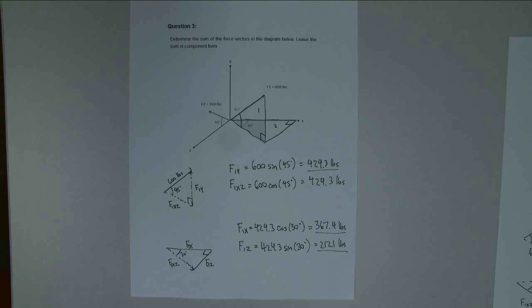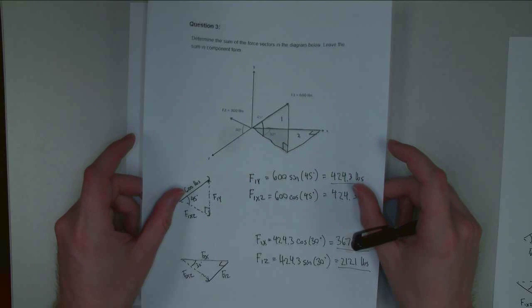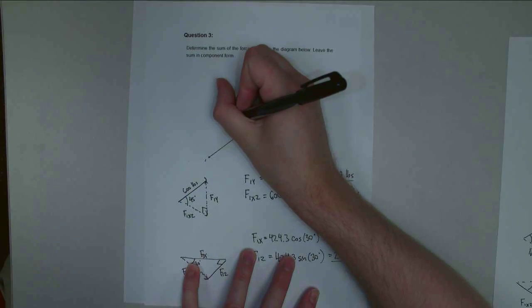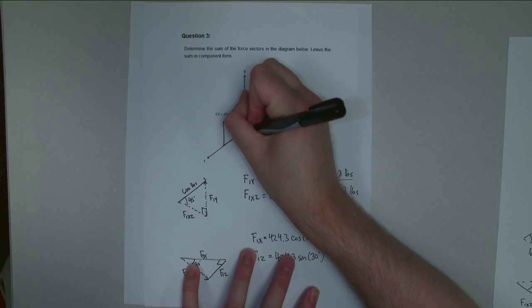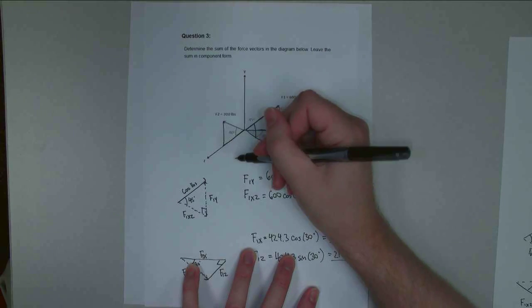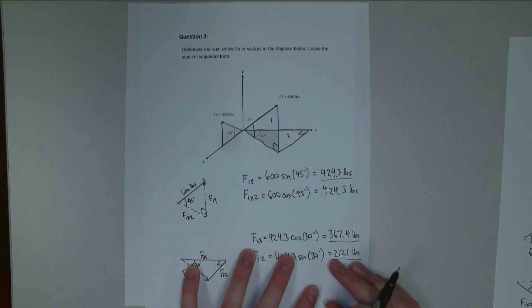Alright, so now I've got x, y, and z for my F1 vector. I need to do the same for my F2 vector. And this one, it's a little bit simpler because I've got no x component. And so this triangle right here, I'm going up 40 degrees from the z-axis.